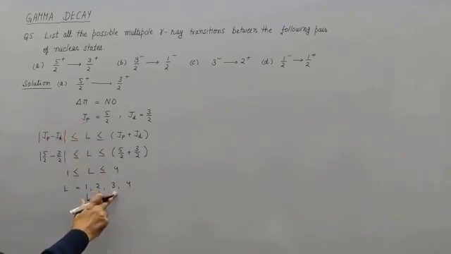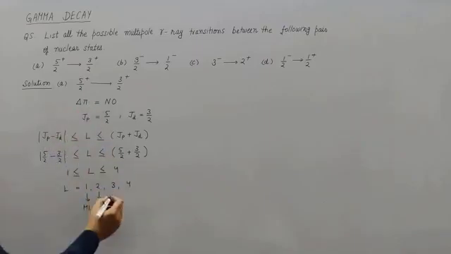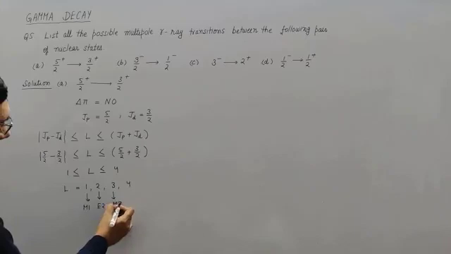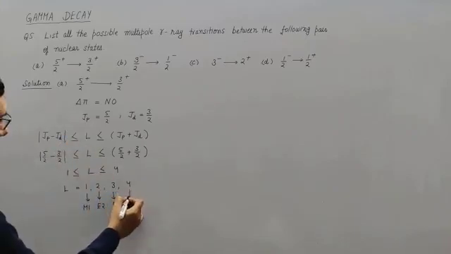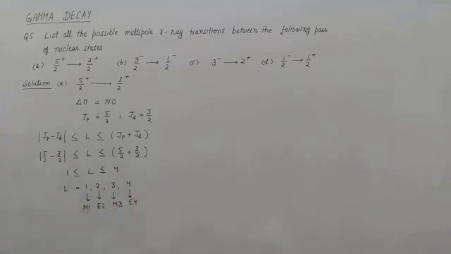Now L equal to 3, there is no change in parity, this will be M3 type of transition. L equal to 4, no change in parity, this is E4 type of transition. So these are the possible transitions for A part.